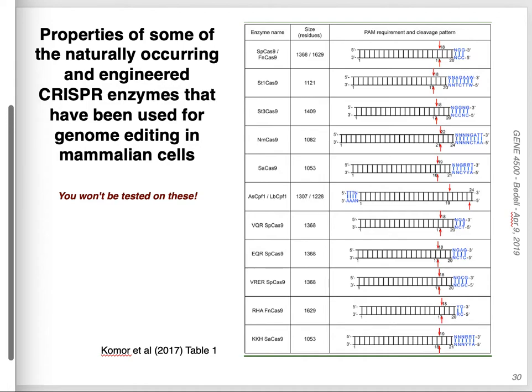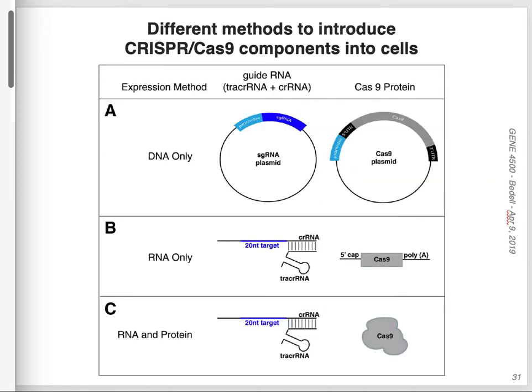So I took this from an article that's not assigned, but you just need to know a couple things about this. You just have to introduce into your cells whatever you're trying to engineer. Now remember, these could be cells in culture. But even beyond that, what's so cool is that you can do it in oocytes of any organism. People are using CRISPR on mosquitoes to make gene drive.